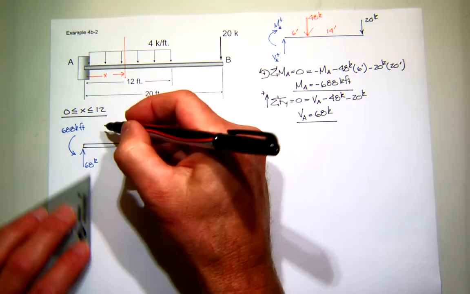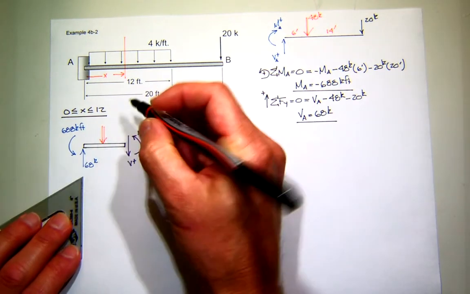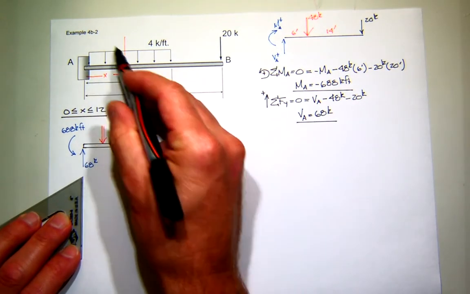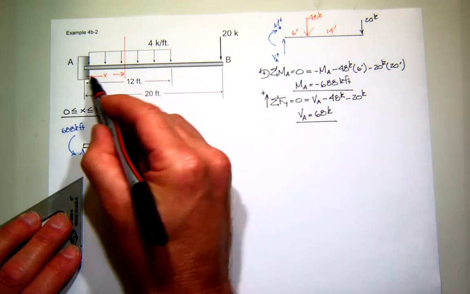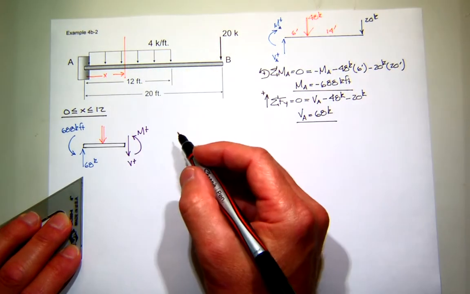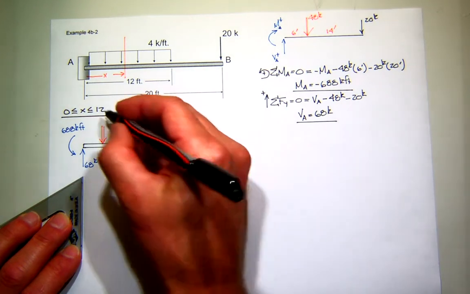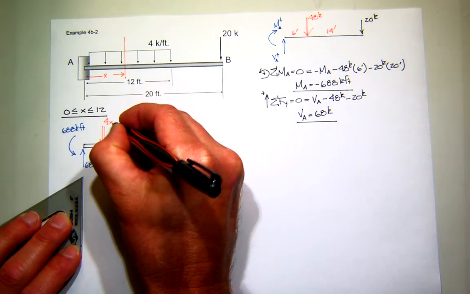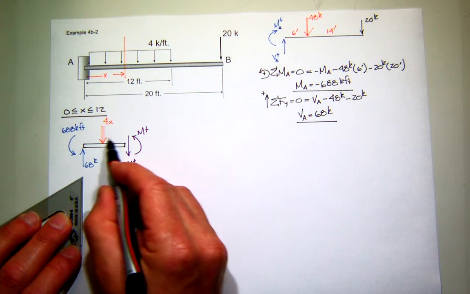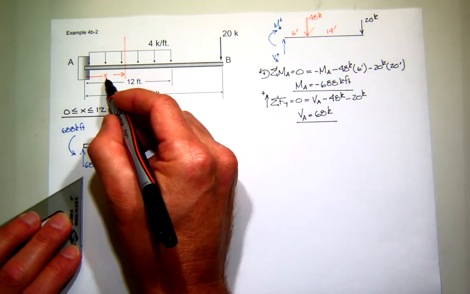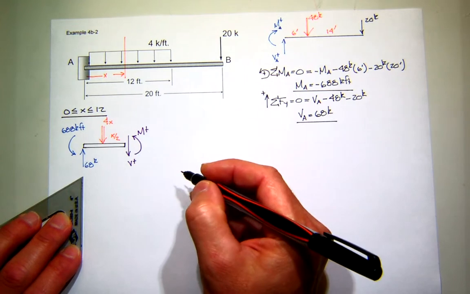And then I have the concentrated equivalent force for that uniform load. Now for a distance x over, what's the concentrated load, the area under the curve? Base times height, which will be what? 4x. So this force will be 4x. And the distance from the cut, the distance divided by 2, the distance is x, so this should be a distance of x over 2.